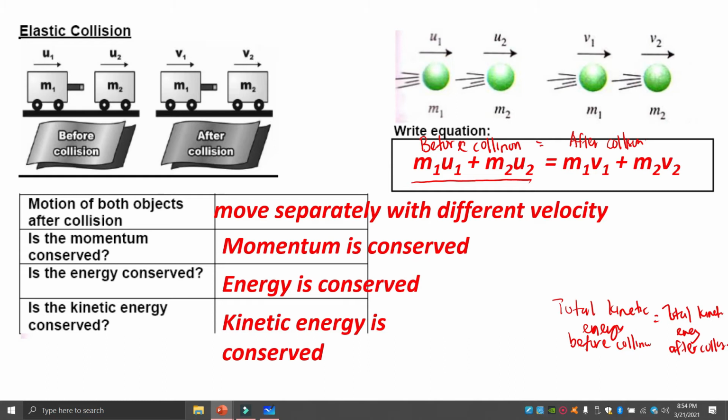We sum up the momentum of the two objects, before collision and after collision. That's why you have to use the word total momentum. If you use the word momentum only, it means only one momentum is involved, so you must use the word total.